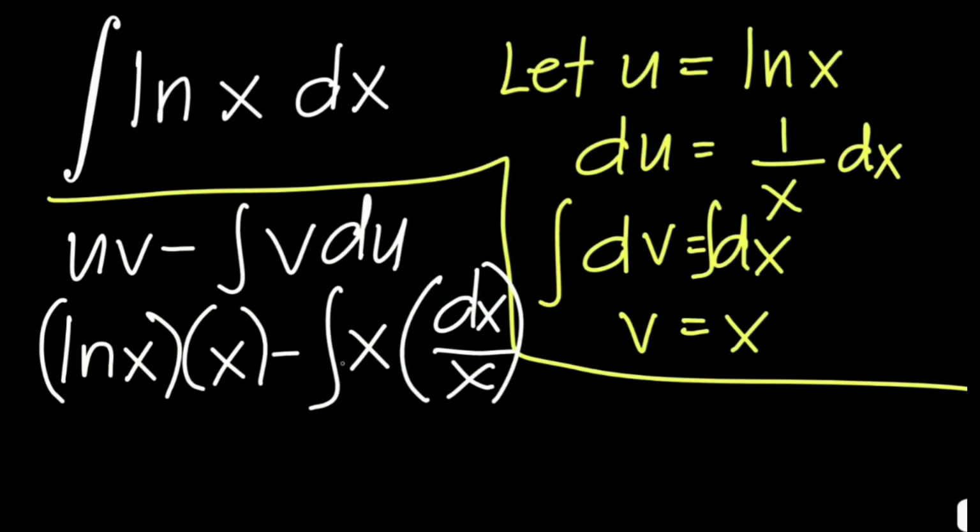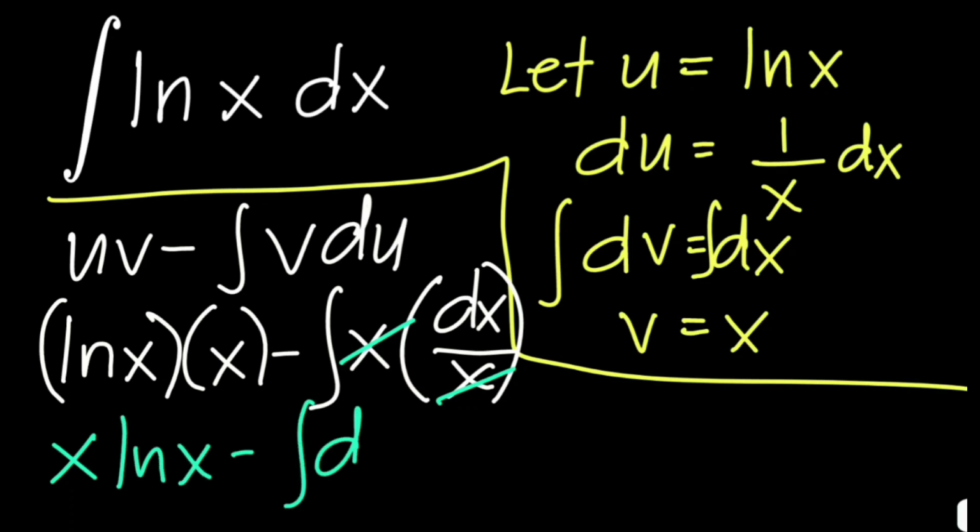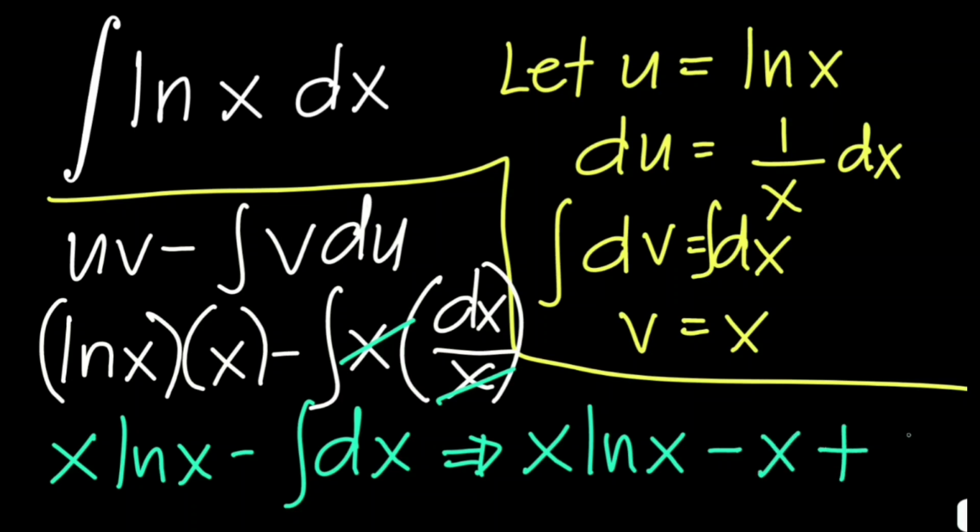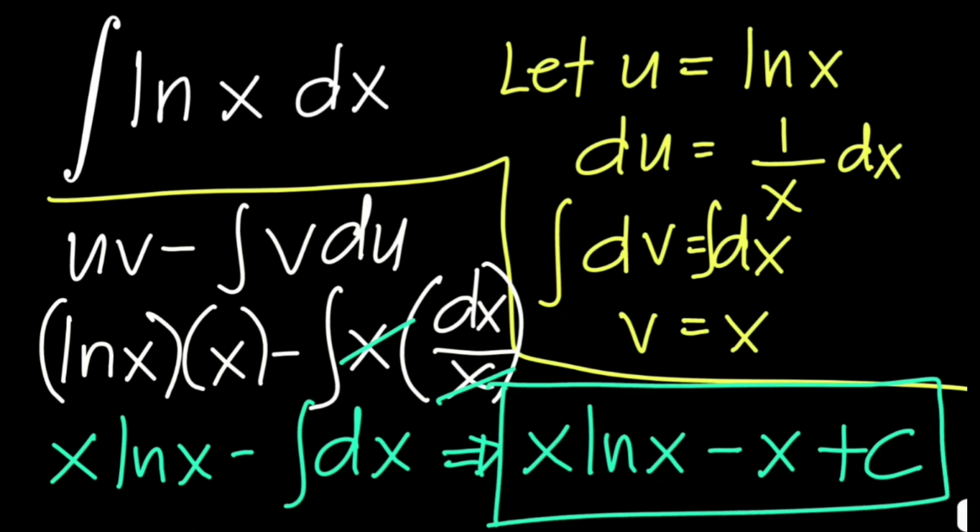Right, and this one cancels out. So we have x ln of x minus the integral of dx, and this is just x ln of x minus x plus c. Therefore, the integral of ln of x dx is just equal to x ln of x minus x plus c.